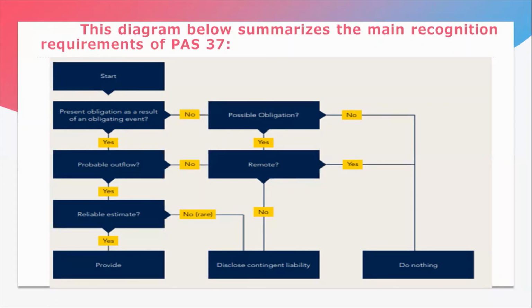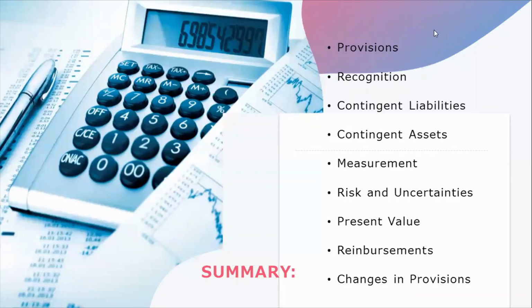Kung probable outflow naman siya, tatanong natin kung reliable estimate ba siya. Kung no, disclose pa din as contingent liability. But if it is a present obligation as a result of an obligating event, and it is probable outflow and has a reliable estimate, we have to provide. It is considered as provision. So here are the summary of our report.